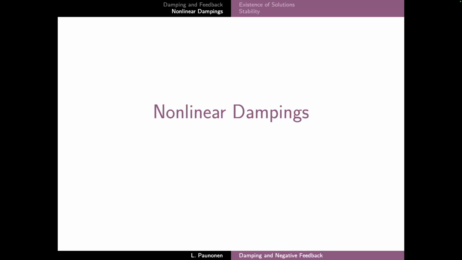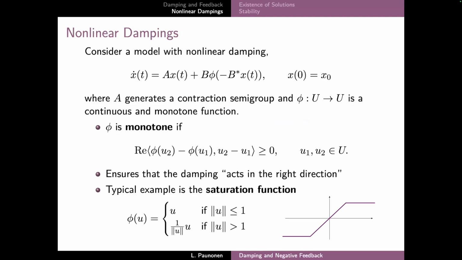Okay, and now I'll move on to the last part of my talk, where I want to consider, again, damped equations, but this time the damping contains nonlinearity. So we again have these operators A and B, but now we also have this function phi. And we assume that this phi is a continuous and monotone function.